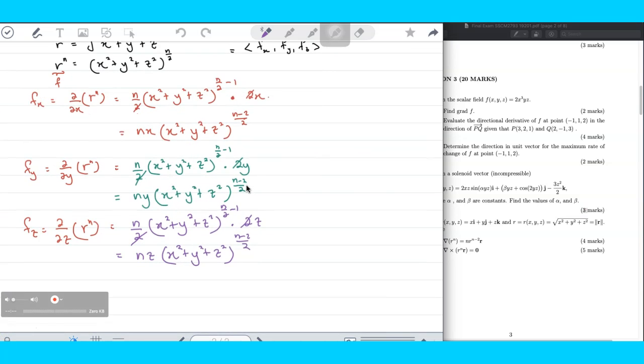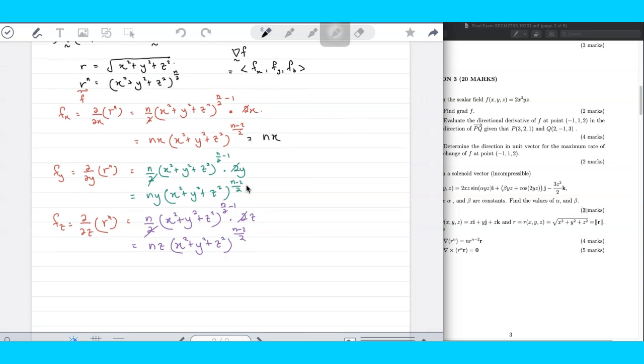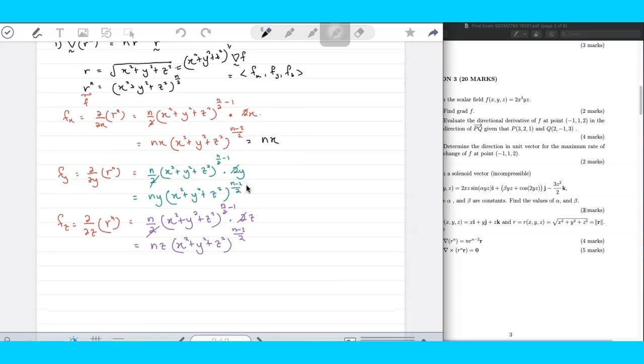Based on your result here, we can see that we have n x, and we know that r is x squared plus y squared plus z squared to the power of 1 over 2.